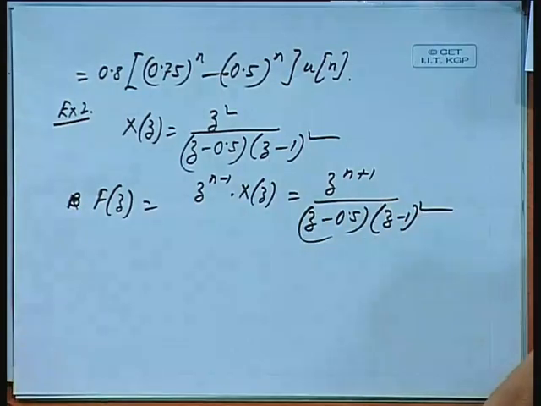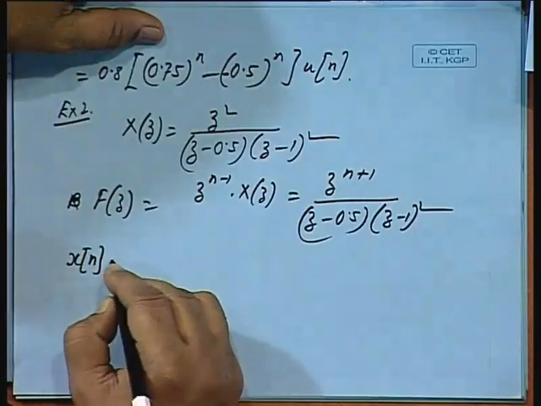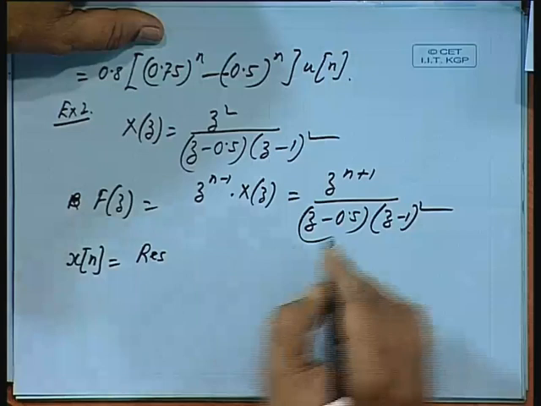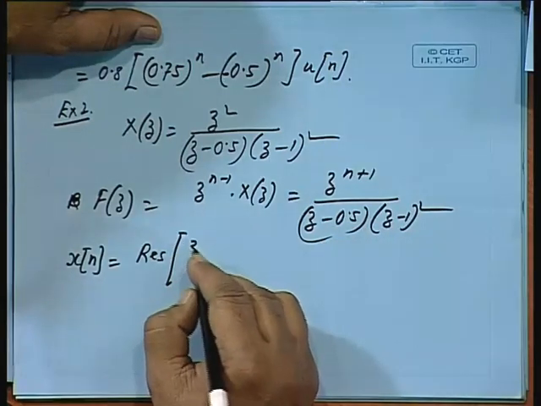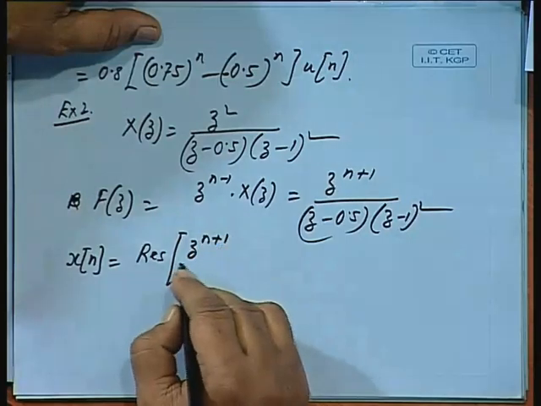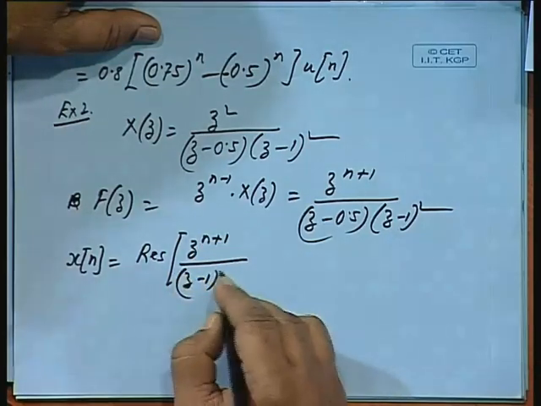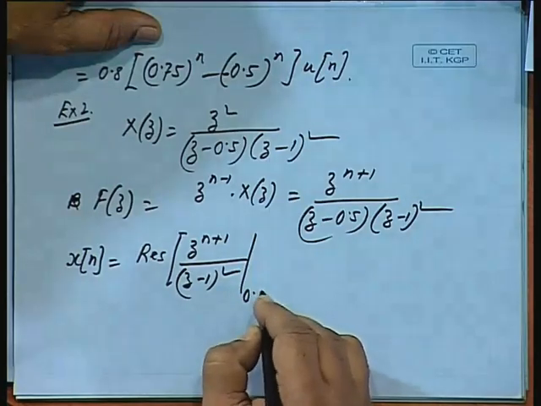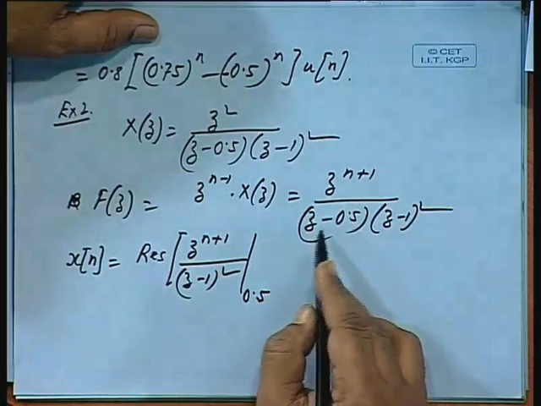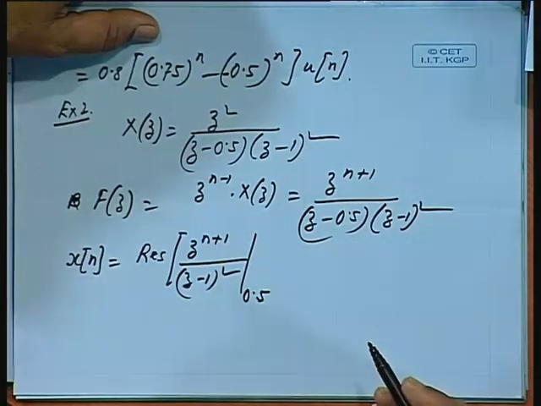All right. So, x n will be the residue at the first pole. It will be z to the power n plus 1 by z minus 1 whole squared, evaluated at the pole z equal to 0.5. This is the first one. I will call this x1.